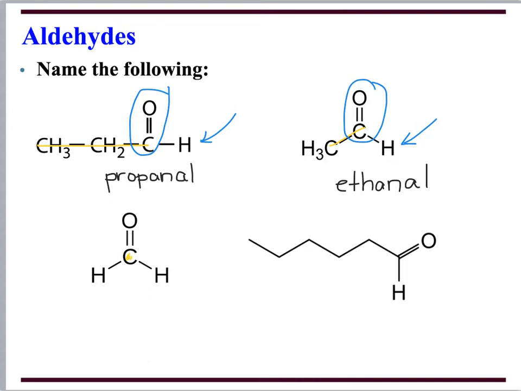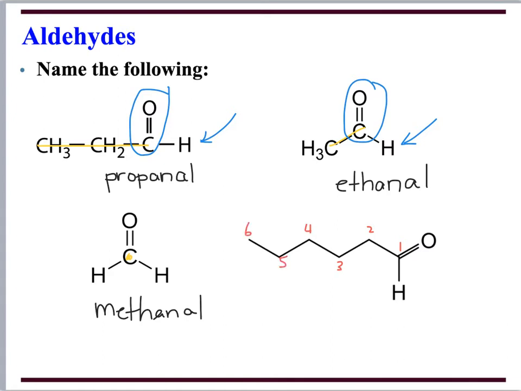Here I've only got a 1-carbon chain. So 1-carbon chain is meth. So I've got methanal. And here, if we count the carbons, we've got 1, 2, 3, 4, 5, 6.